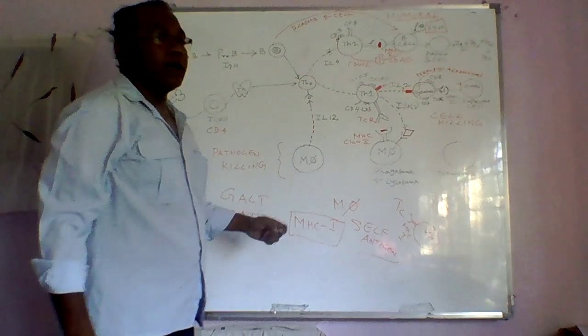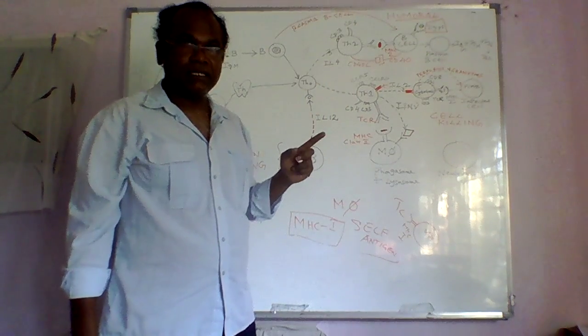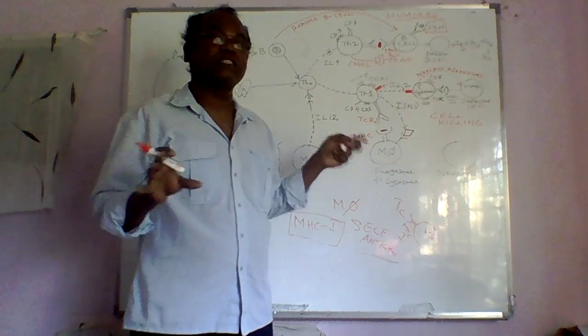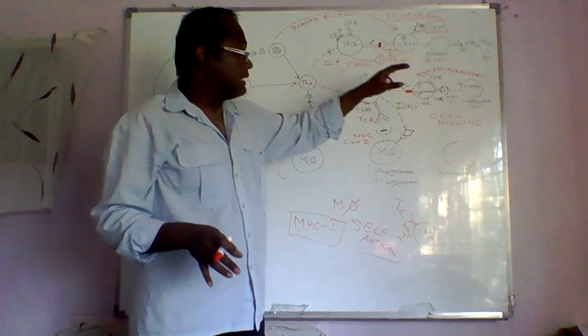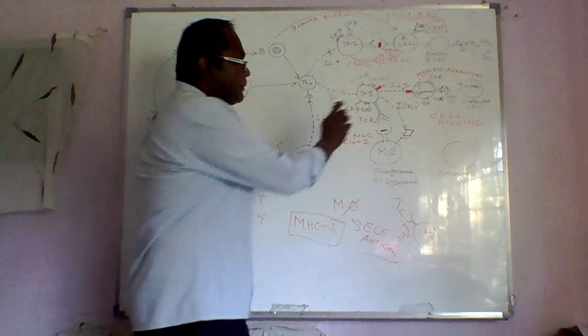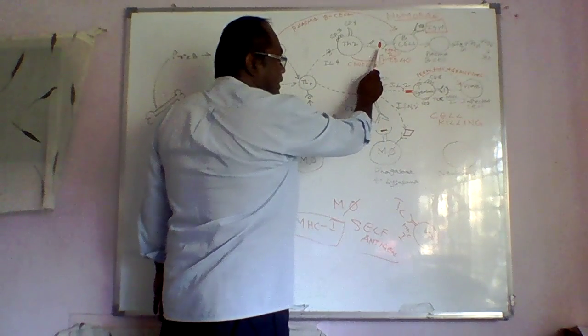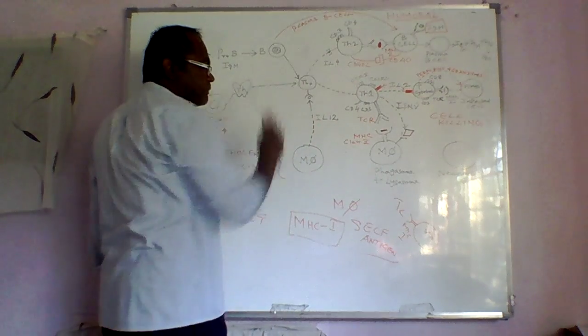So, the point you need to understand, I'm trying to emphasize this, is that we need to have a different lecture exclusively to explain the role of the B cell and how it makes antibodies. But I just want to make a point here which might look a bit tricky and a bit complicated. The B cell takes in antigen from the IgM, presents it over here, recognized by the T helper 2 receptor.